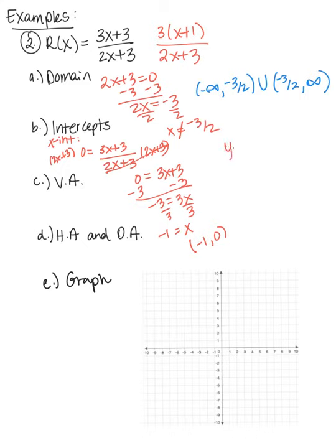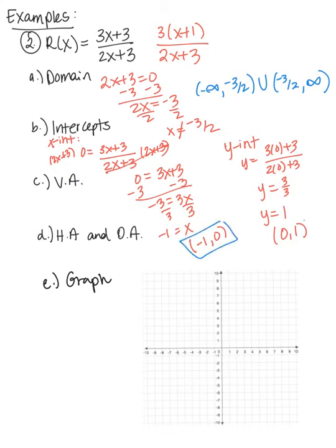My y-intercept, I'm going to plug in a 0 for the x's. 3 times 0 plus 3 over 2 times 0 plus 3. So I end up getting 3 over 3, which is 1. So again, as an ordered pair, I've got my x-intercept, negative 1, 0. My y-intercept is 0, 1. So now I for sure have at least 2 points on that graph.